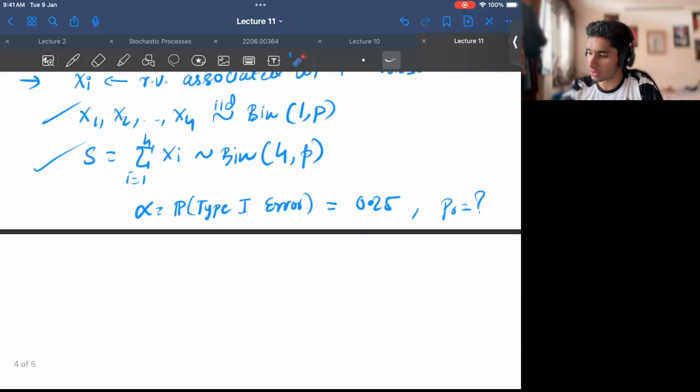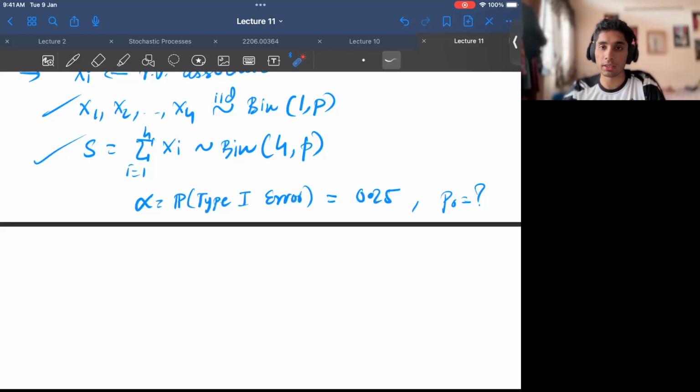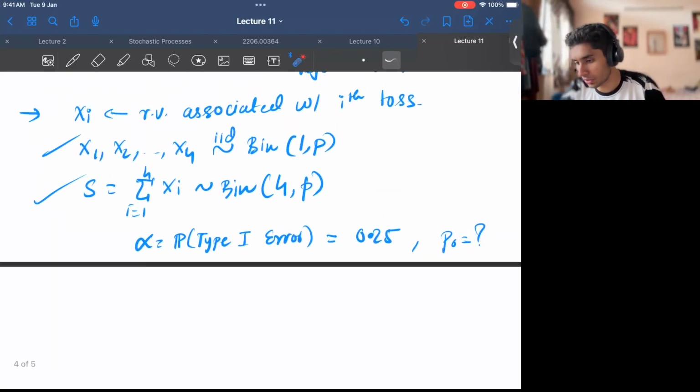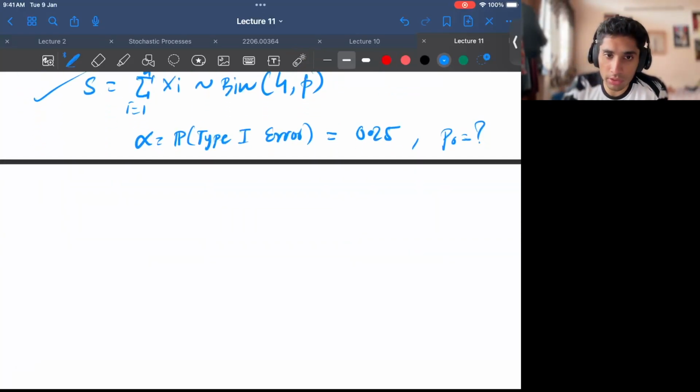You are given the probability of type 1 error, so you are given the value of alpha. The question is, what is the value of P naught, right? So now again, you will just have to put together what you already know. So what do you know? You know the probability of type 1 error. So what will be the value of alpha?